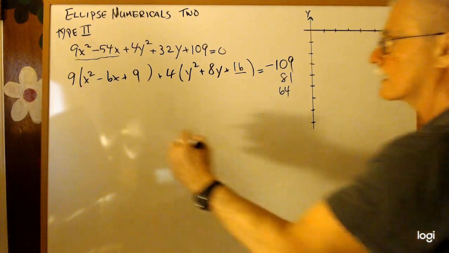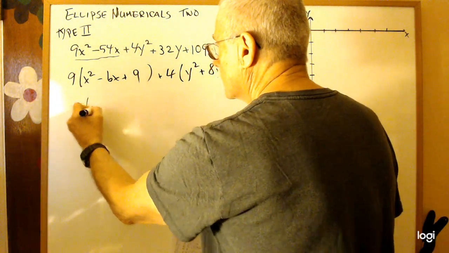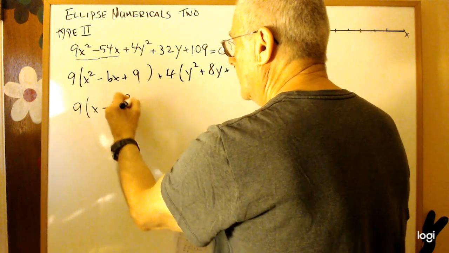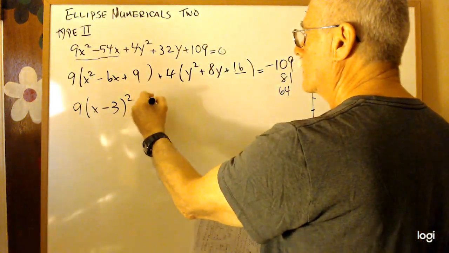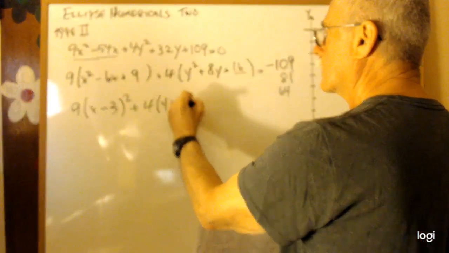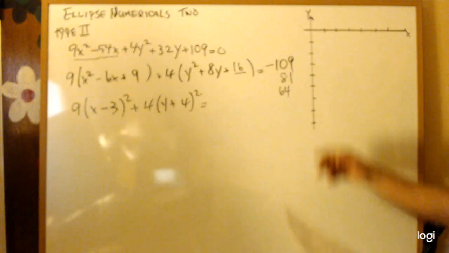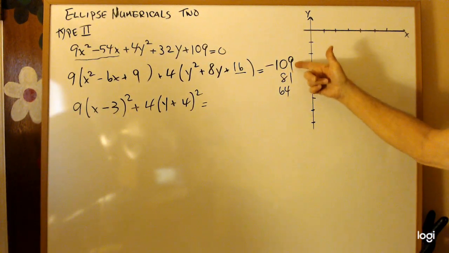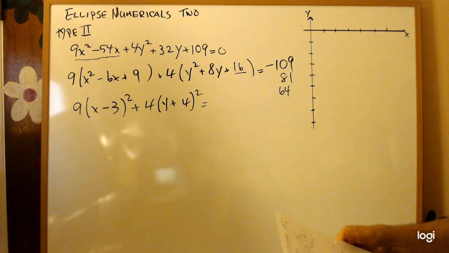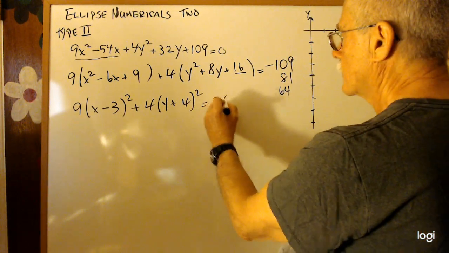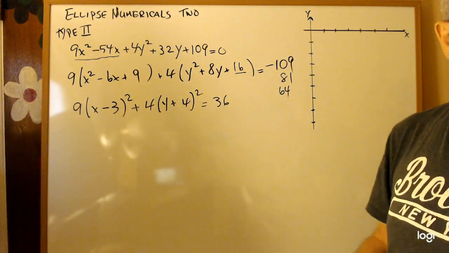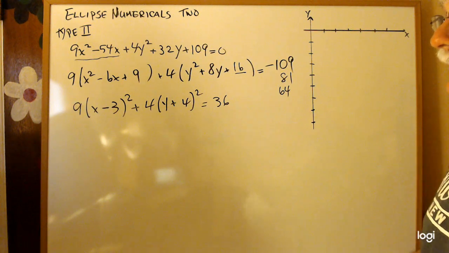So when I combine this, when I add this up, I get 145 positive minus 109, so that comes out to 36. So this is a cooked problem. The numbers specifically work out nicely.